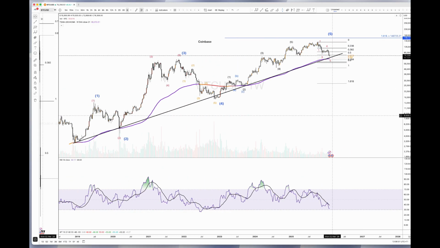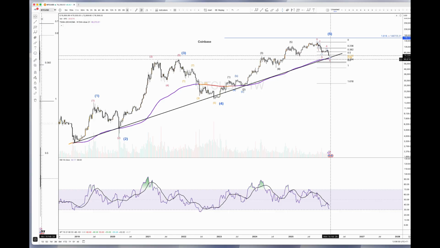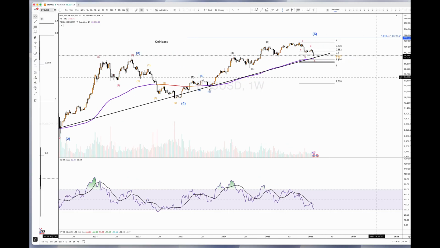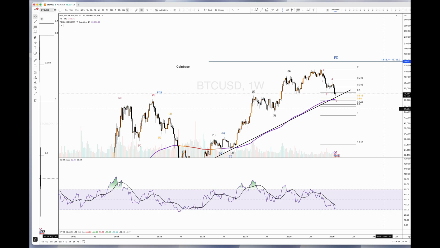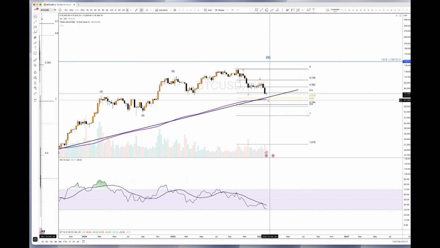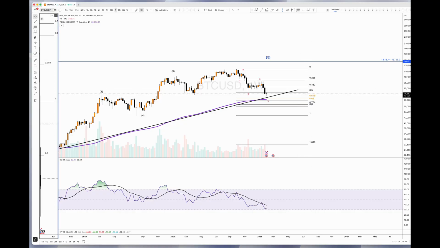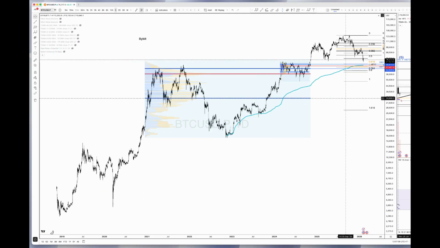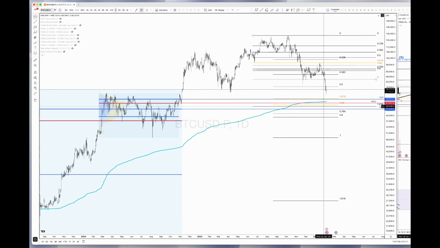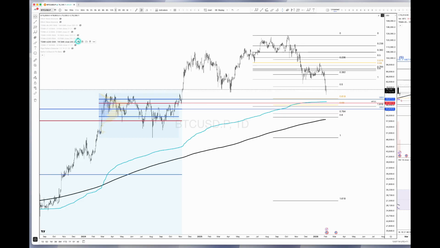All right. So the trend line and the 200. Now let's look at it from the 200, and you see it's in the golden ratio as well. So if I go to the other chart and I just put my 200 in there, 200 weekly EMA, but this is SMA.